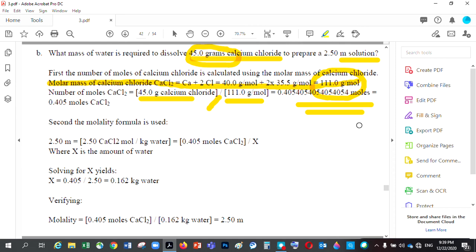The 2.50 molal is 2.5 moles of calcium chloride per kilogram H2O, which is equal to 0.405 moles divided by X. Calculate the whole thing and you'll end up with X equal to 0.16 kilogram H2O. You can verify this by taking the number of moles divided by the kilograms, and you should get 2.50 molal.